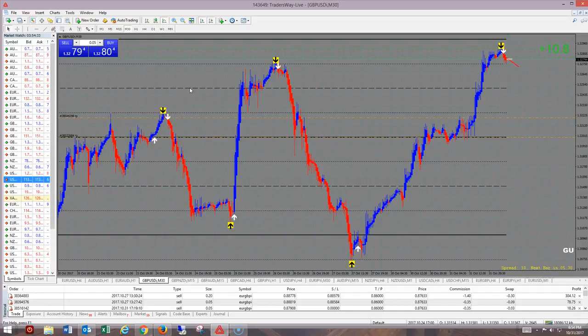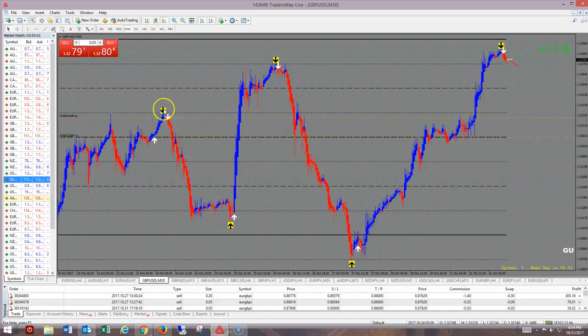So you just have to make sure that you follow the rules. As long as you follow the rules, you will see some winning trades. So basically, this little signal, the black arrow and the yellow box, is something like a heads up signal. It's a really strong signal, and it's going to pop up when there's a reversal coming.